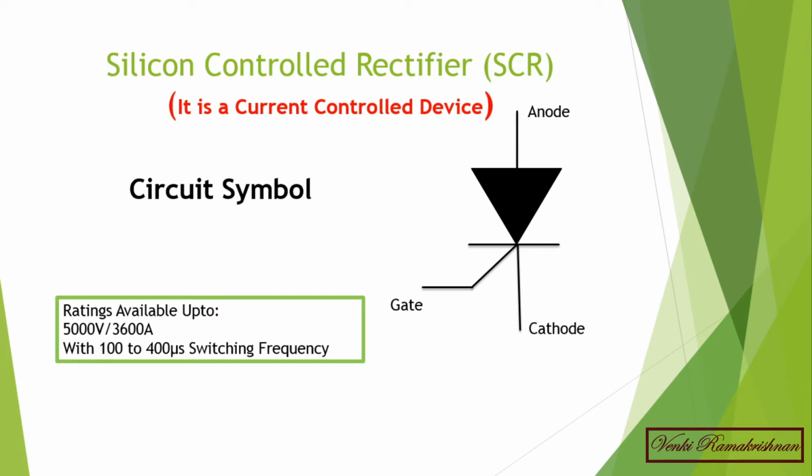This is the circuit symbol of thyristor. It has 3 terminals: anode, cathode, gate. It is used as a bistable switching device.